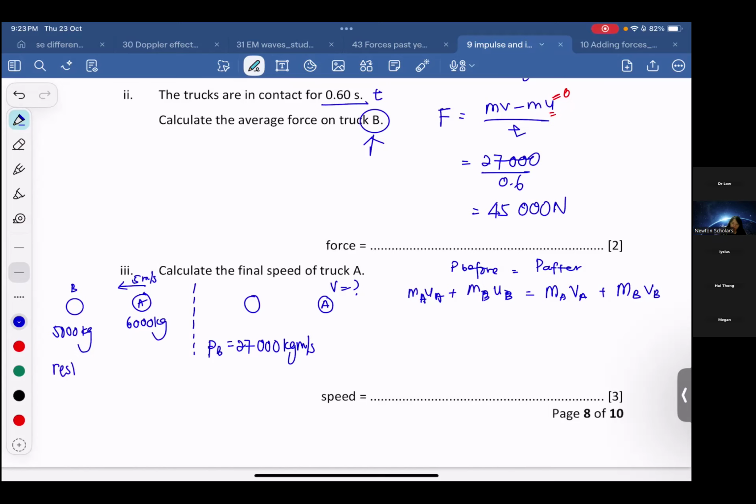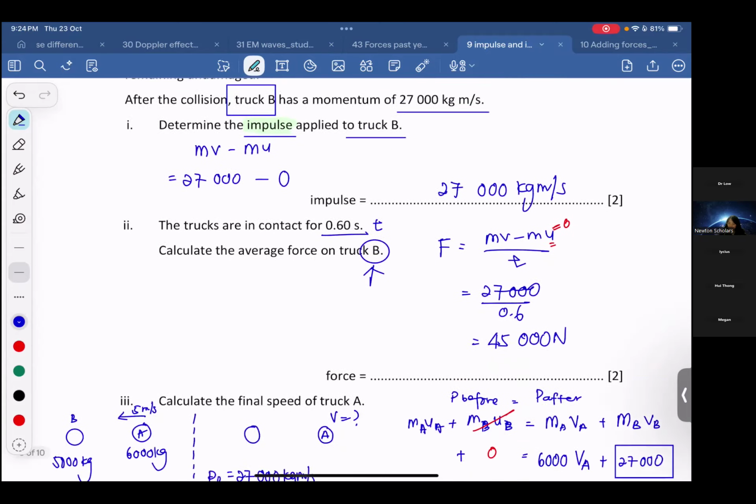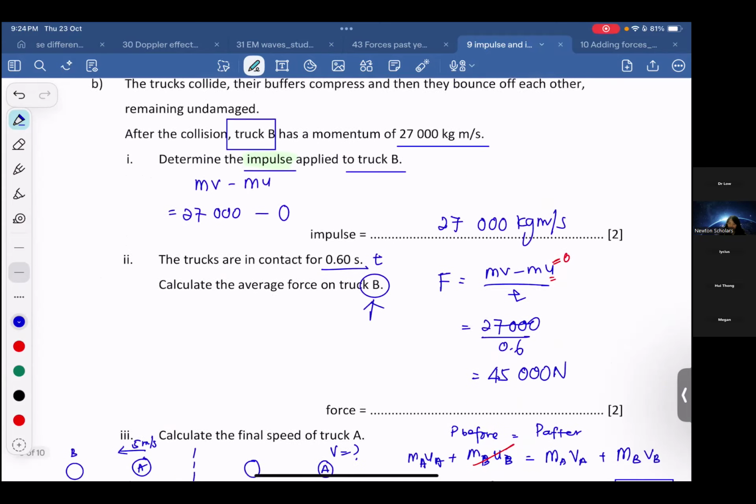Initially, this one is at rest, not moving, so this is 0. Then equals MA 6,000, but velocity I don't know, plus B after collision is 27,000. Initial MAUA, just now we calculated, is 30,000.